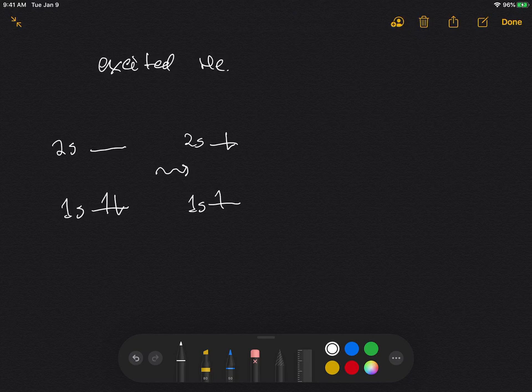And you can imagine, of course, there would be other possible configurations that we might want to consider, such as this is the case here where the spins are anti-parallel.